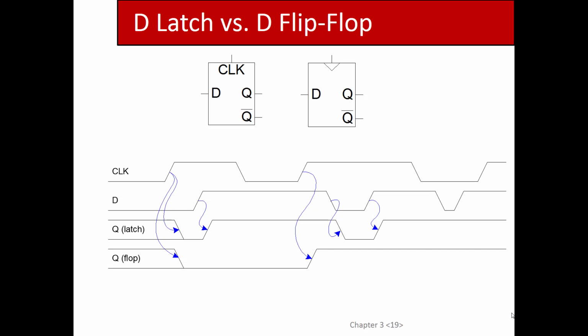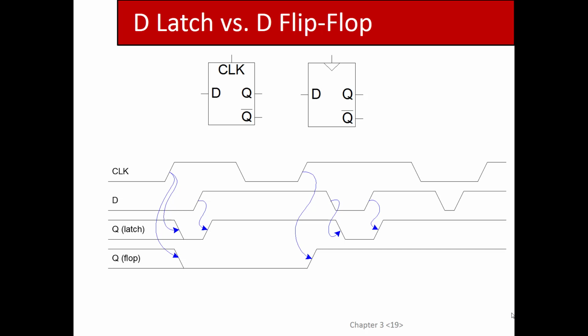So then D goes up, Q ignores it because there's no rising edge until you get way over here and there's another rising edge on the next clock cycle, at which point Q goes high because that's what it happened to be at that rising edge, right? So the point of this diagram is that there was a rising edge here which guarantees that Q will be 0 shortly after that rising edge, after whatever the delay of the flip-flop is.